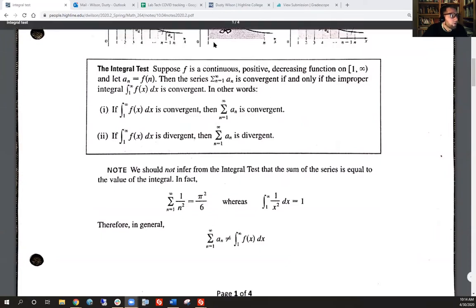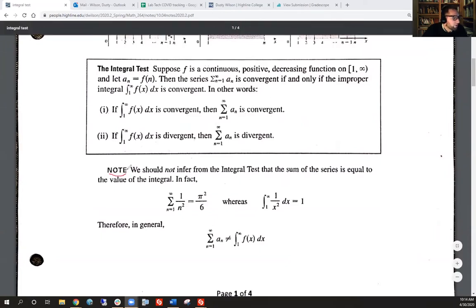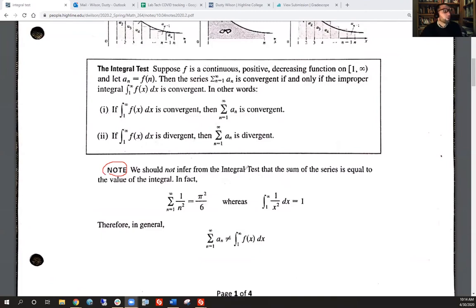This next note here is pretty important. We should not infer from the integral test that the sum of the series is equal to the value of the integral. In fact, the sum of the 1 over n squareds is pi squared over 6, whereas the integral from 1 to infinity of 1 over x squared is just 1.